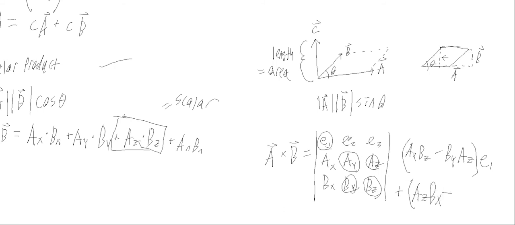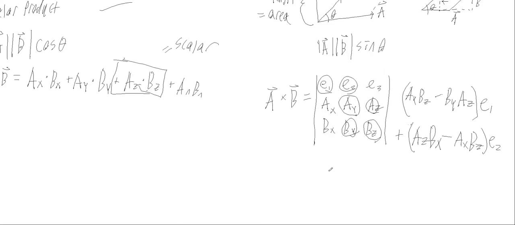I don't know why I changed it when I wrote this, but so BX and then minus AX, so AX times BZ, and then we multiply that by our basis here, and then we continue down.